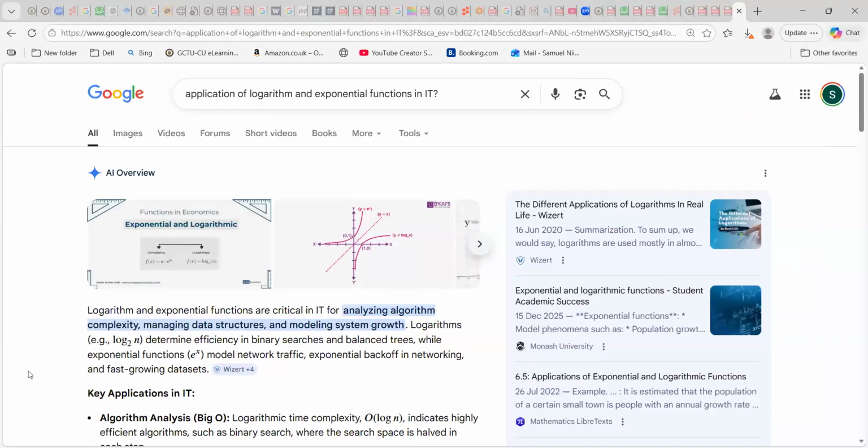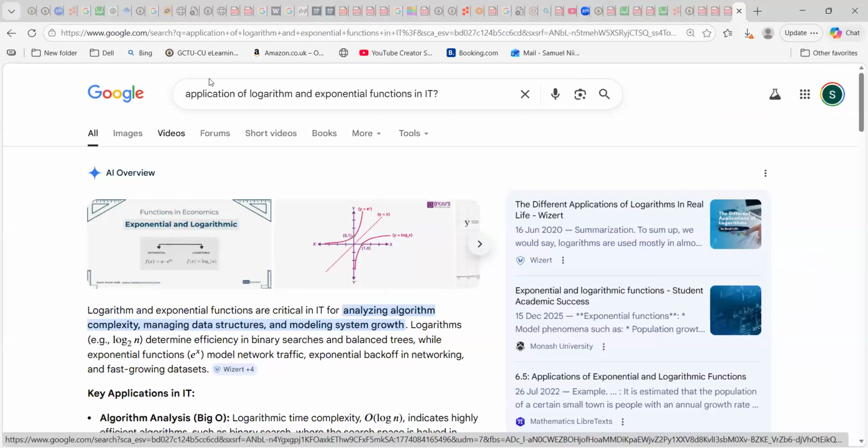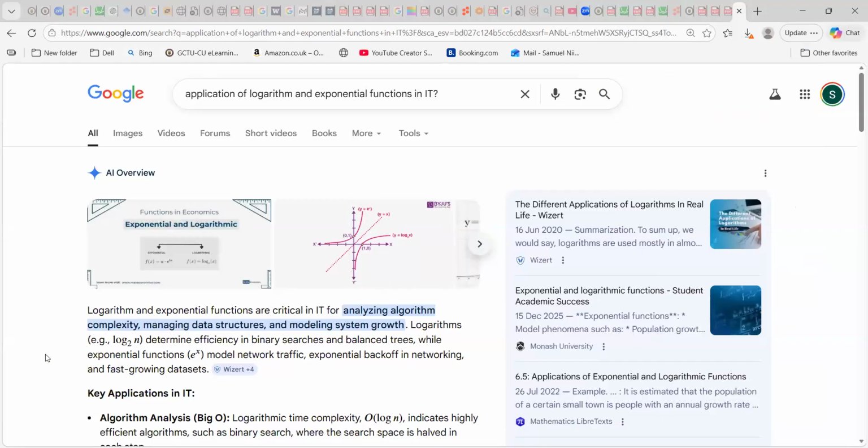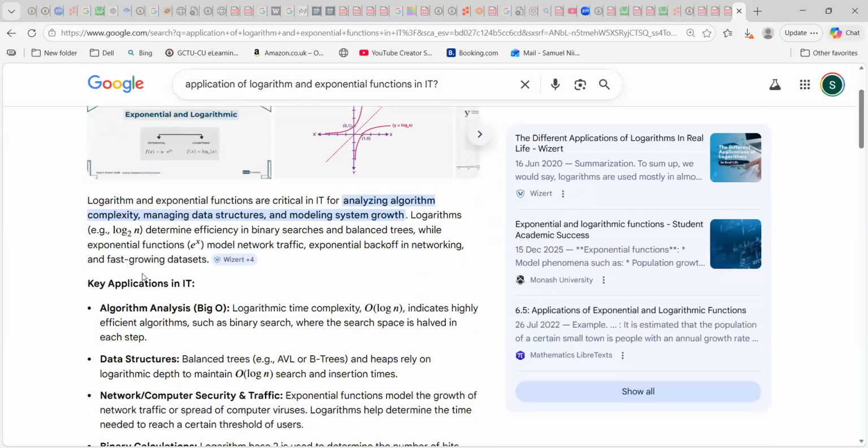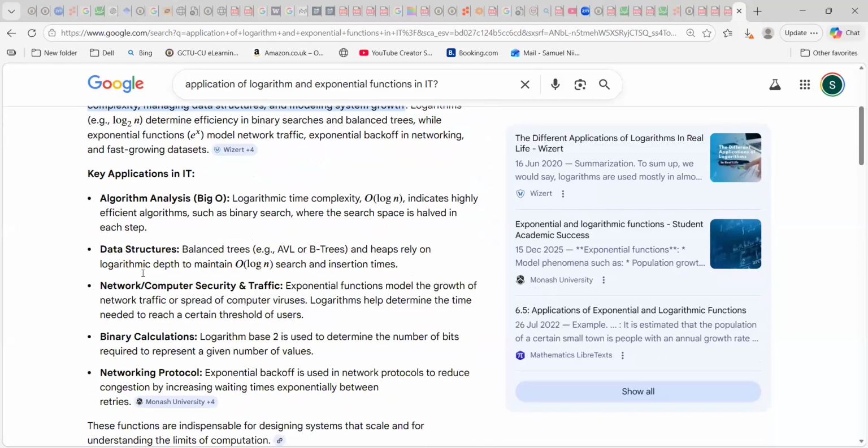So if you check any of our investment models, like treasury bills and all these investment models with our banks, most of them are using either logarithm or exponential functions. This topic can help you have a better understanding of what you can do in information technology and also in computer science.